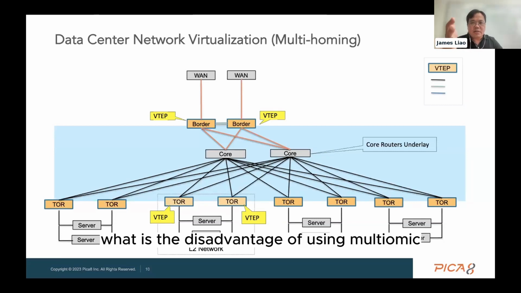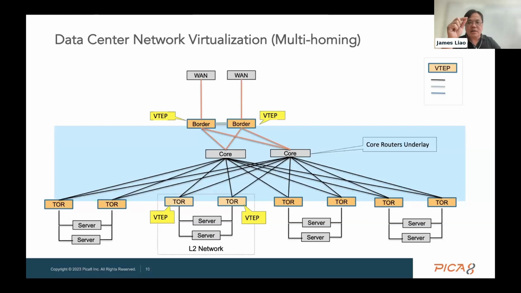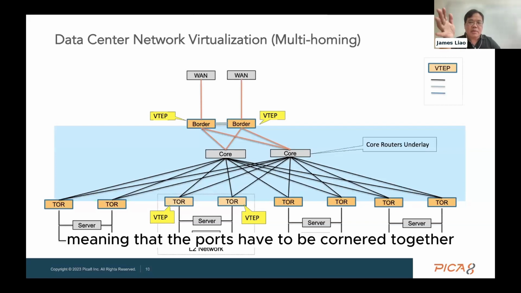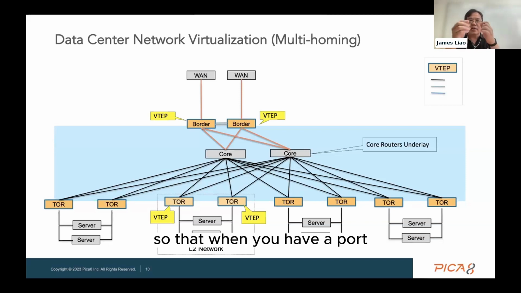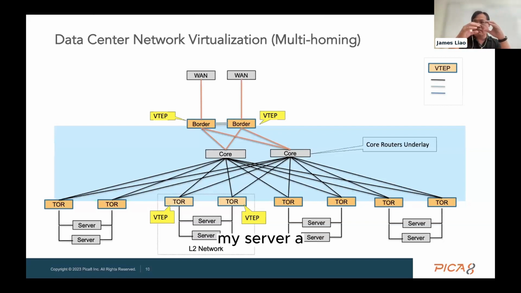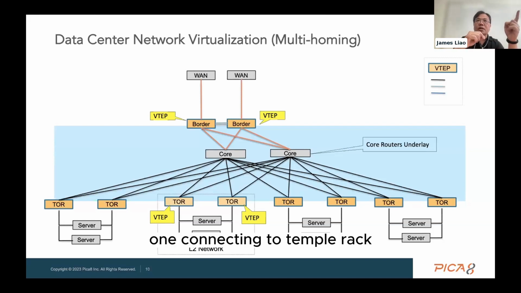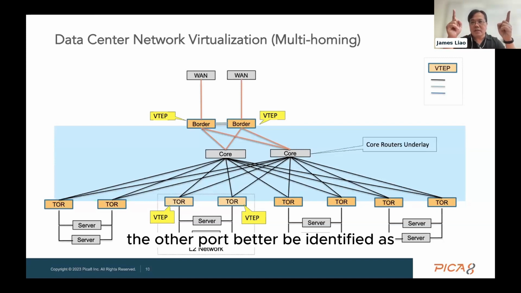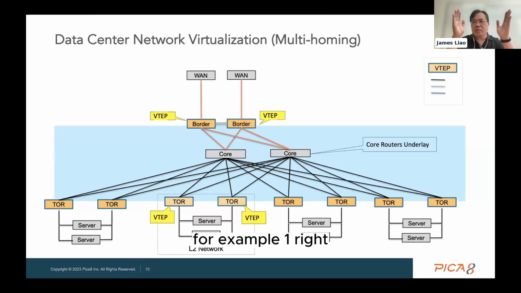So what is the disadvantage of using multi-homing? The one slight disadvantage is that everything has to be well planned, meaning that the ports have to be coordinated together. So for example, for my server A, if I have NIC 1 connecting to top of rack 1 with port 1, the other port better be identified as, for example, port 1, right?